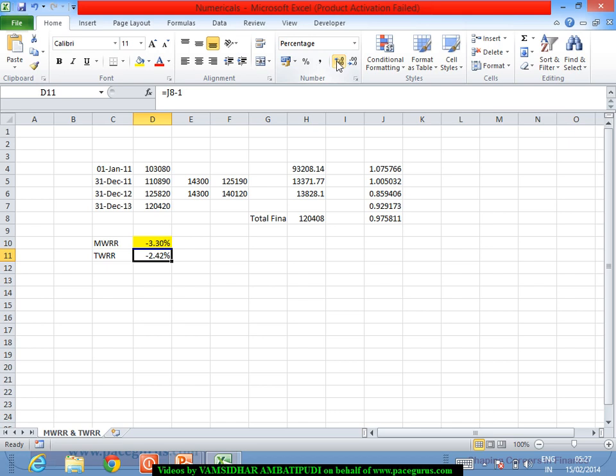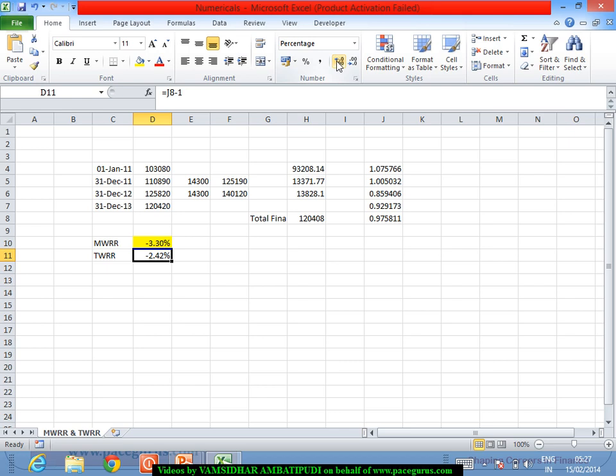So the time weighted rate of return is greater compared to a money weighted rate of return in this case. So we'll see in what cases the money weighted rate of return will be higher compared to time weighted rate of return and vice versa, right?